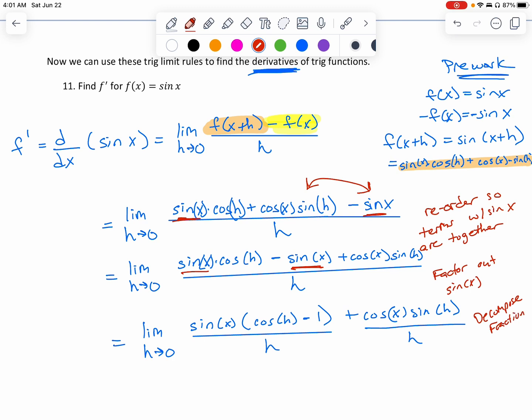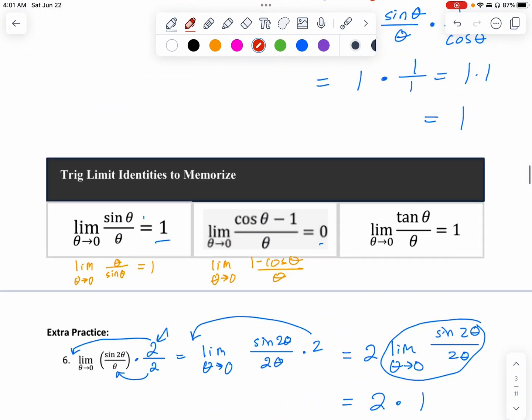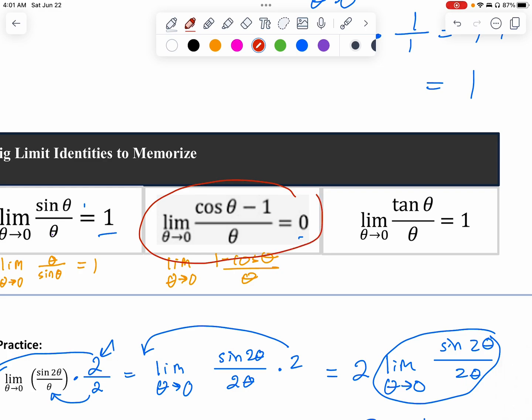And you can see now why I took out that sine of x, because that way I have over here this, which looks like our second identity.